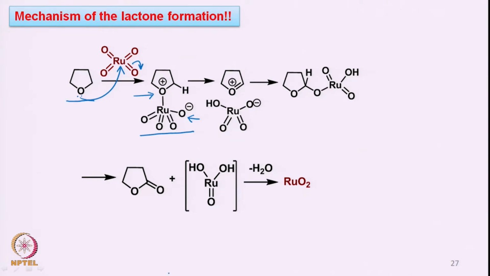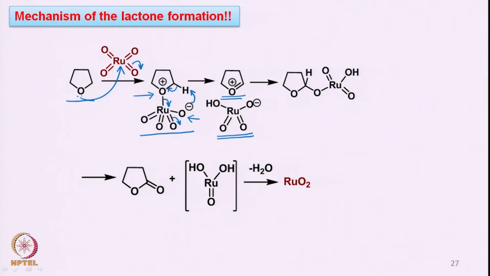Now what can happen is this negatively charged part of the ruthenium species is able to take the proton from here, and then in the process it breaks in this fashion to form an oxonium ion and another ruthenium species of this type.